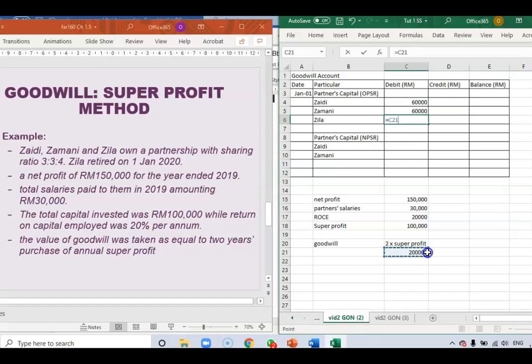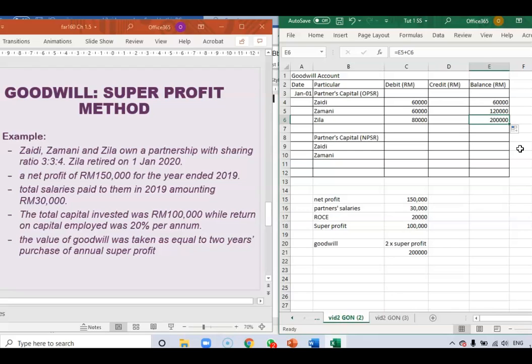However, Zila shares the goodwill with 40%. So you can see that the total of the goodwill would become 200,000 using the old profit sharing ratio.